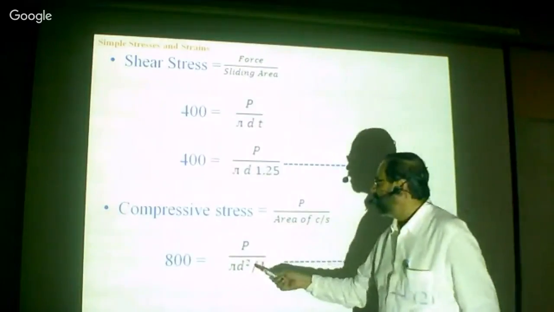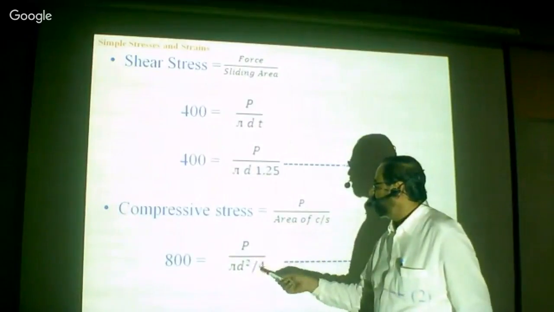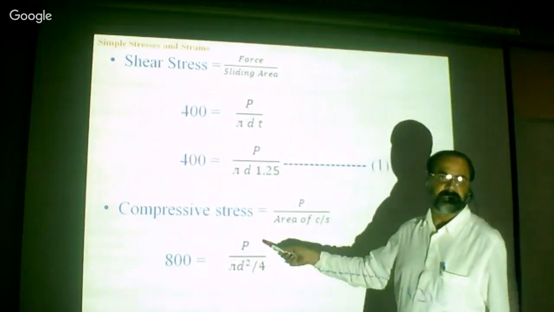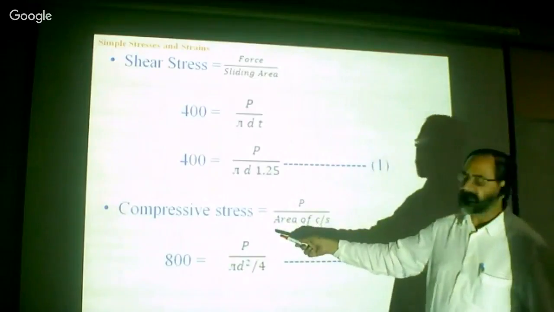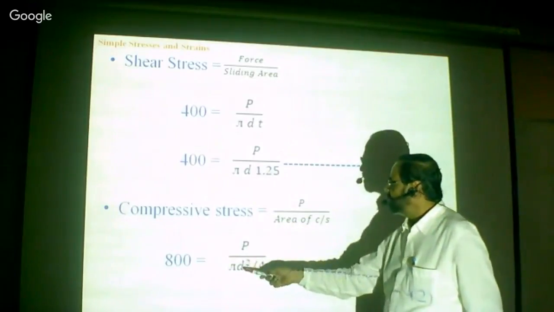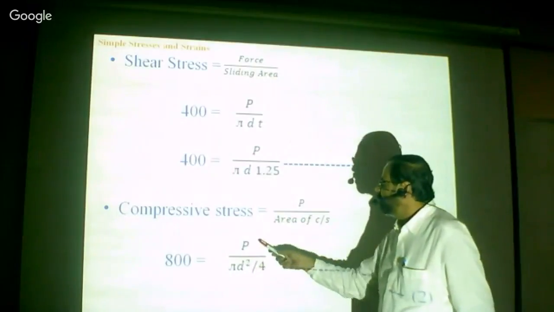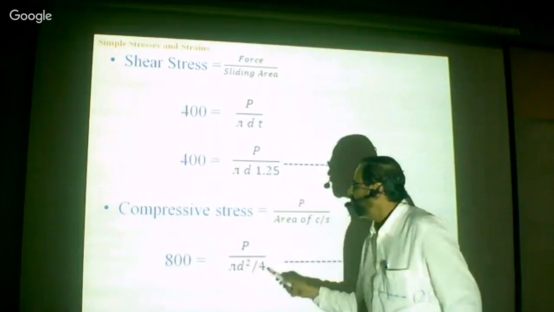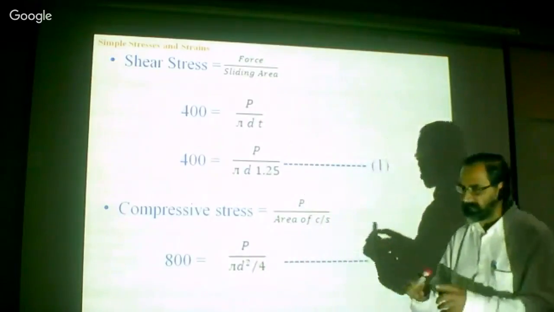Now P is equal to this, pi d square by 4. The 4 should go upward and this will remain in the denominator. Therefore 4P, and again this 4 will come down. That is cross multiplication.